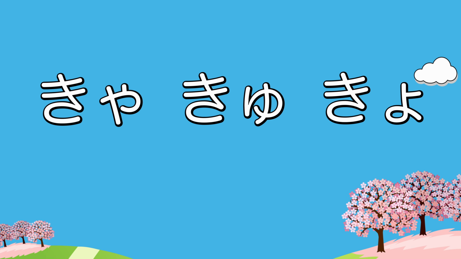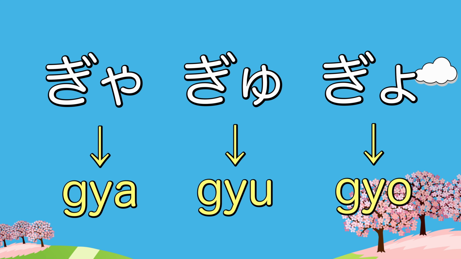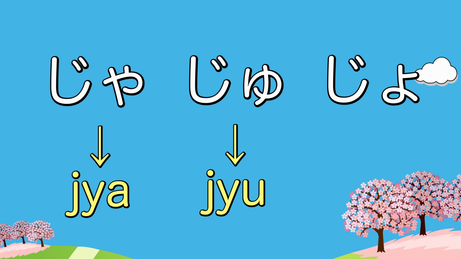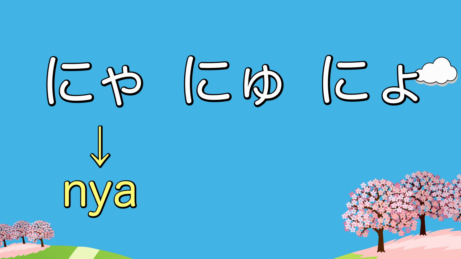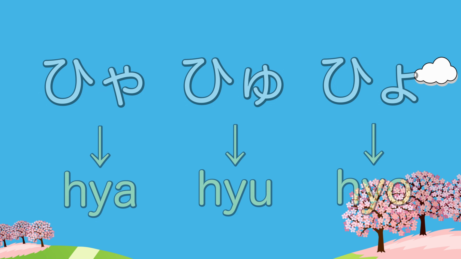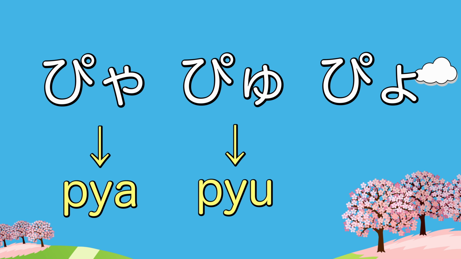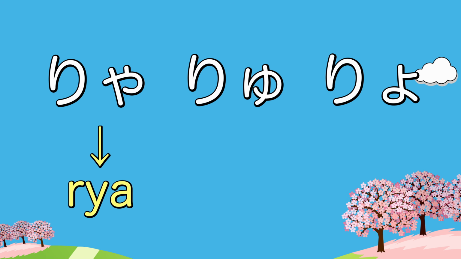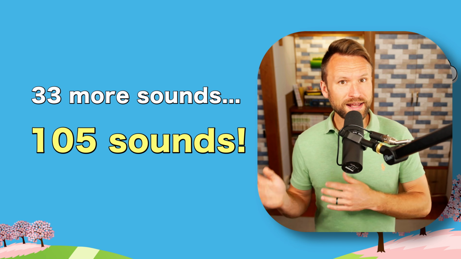Let's blast them all out. きゃきゅきょ ぎゃぎゅぎょ しゃしゅしょ じゃじゅじょ ちゃちゅちょ にゃにゅにょ ひゃひゅひょ びゃびゅびょ ぴゃぴゅぴょ みゃみゅみょ りゃりゅりょ That's 33 new sounds, giving us a total of 105. Let's try and read some common words with these combinations before heading on to the final 19 sounds.